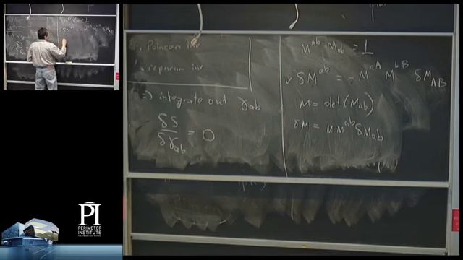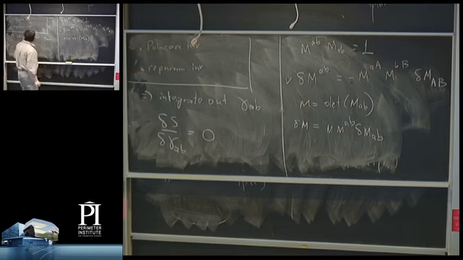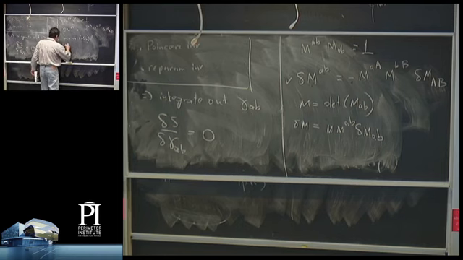The second property that we need: if I call M the determinant of my matrix, determinant of M_AB, and you can see that in our action there is a determinant of the matrix, how do I write down the variation of the determinant of the matrix?